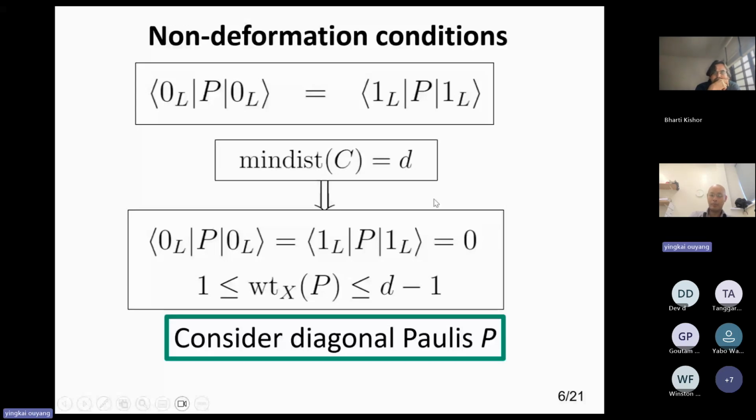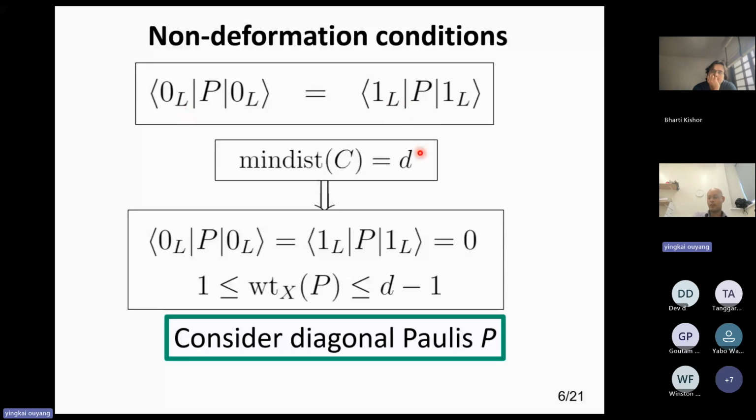All right, so now let us ask, there are so many Paulis that we may consider. Say if we have an X Pauli over here, then you may notice from the distance condition, oh, I noticed that I'm not using my laser pointer. Yeah, so from the distance condition, if this P is an X operator, then obviously this 0 sandwich on the X operator is going to be equal to 0, and so is the 1.